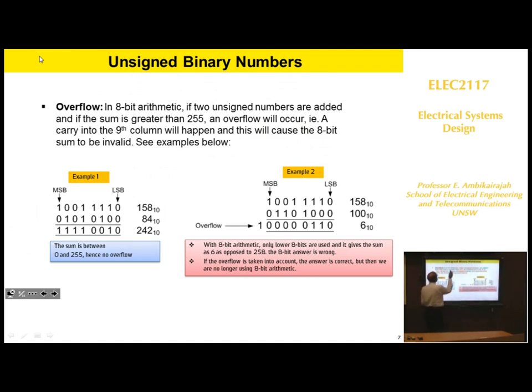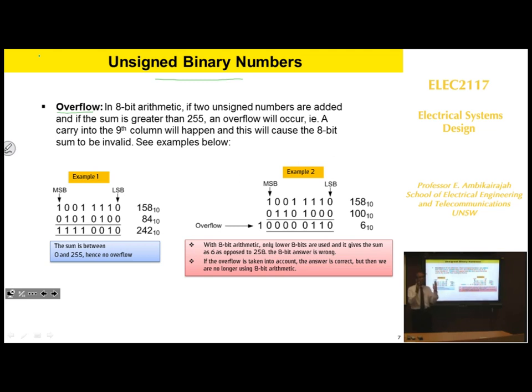Now let's look at the unsigned binary numbers, which I have already explained. Now we add them, and there are various problems that we'll face. What we call overflow. What is an overflow? It is when your computer cannot handle a number greater than a certain limit.